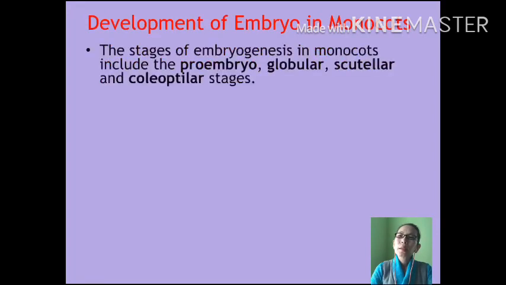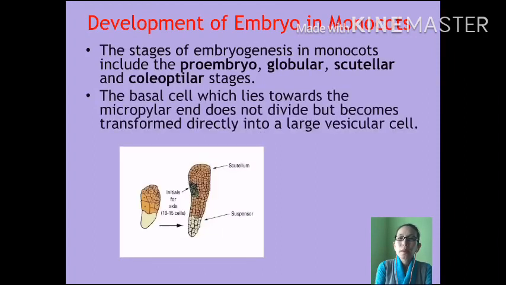Now, in the monocots, the stages of embryogenesis include proembryo stage, globular stage, scutellar stage, and coleoptilar stage. The basic developmental pattern remains very similar to that of the dicot plants.